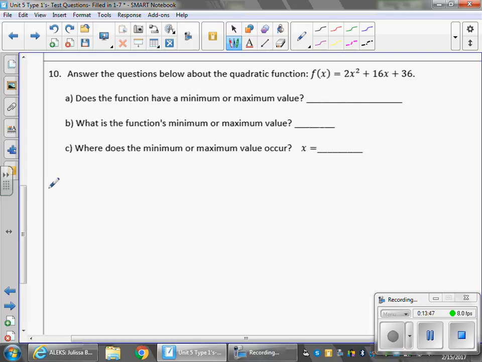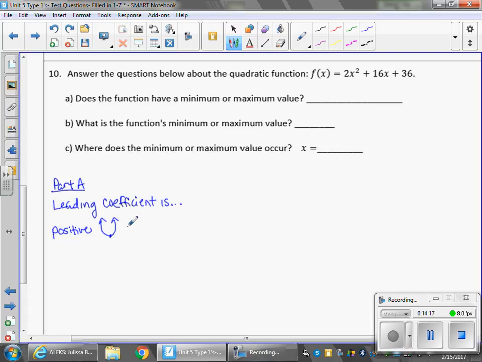So for part A, if the leading coefficient is positive, it opens up.